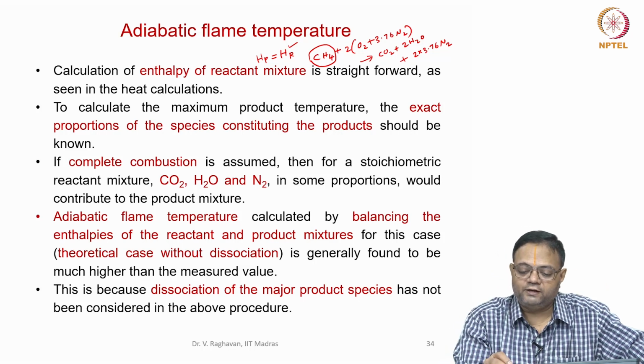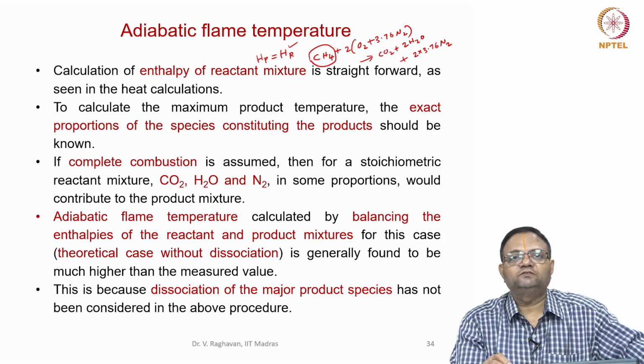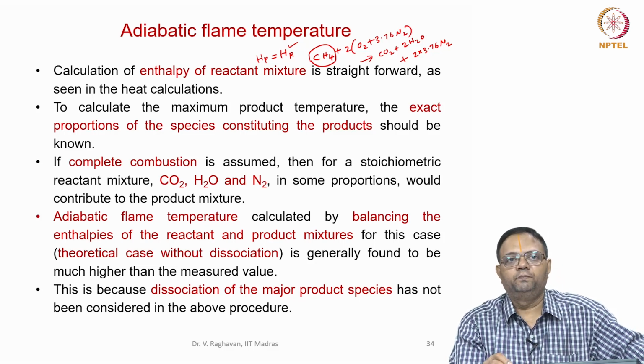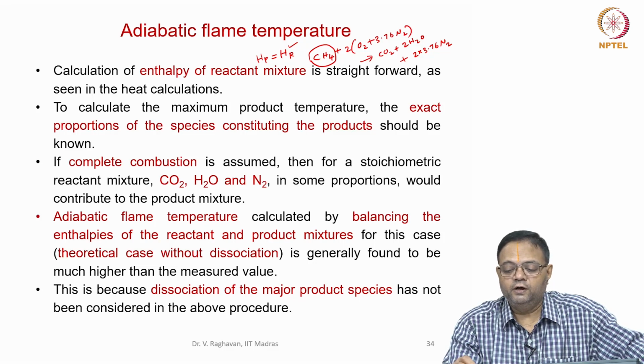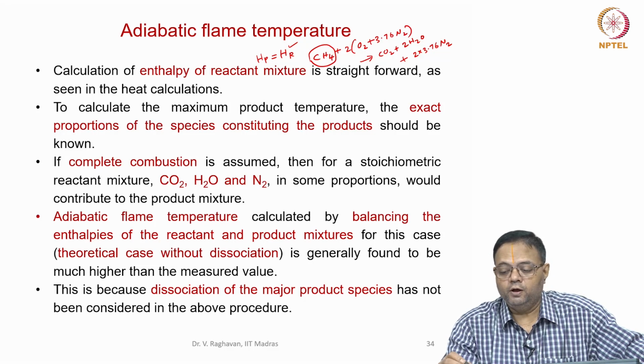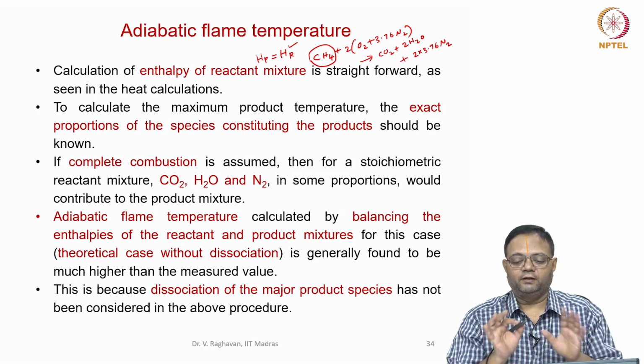So first let us take a value of Tp, say 2000 Kelvin, and calculate the enthalpy of CO2 at 2000, that is enthalpy of formation of CO2 plus delta H of CO2 at 2000, plus 2 times H of H2O, that is enthalpy of formation of H2O plus delta H of H2O at 2000, plus delta H of N2 at 2000 into 2 into 3.76. That will be the enthalpy of products.